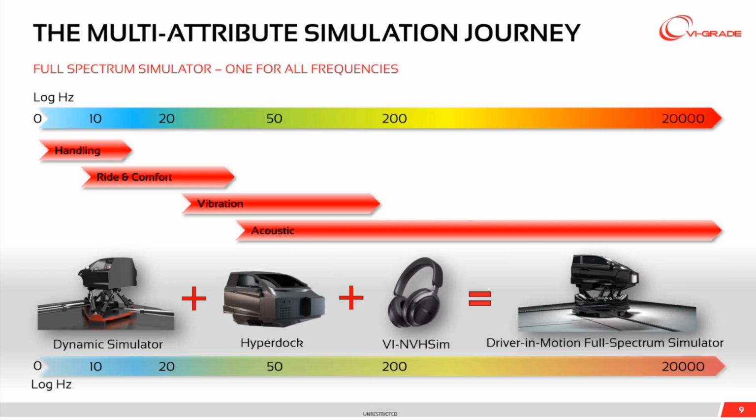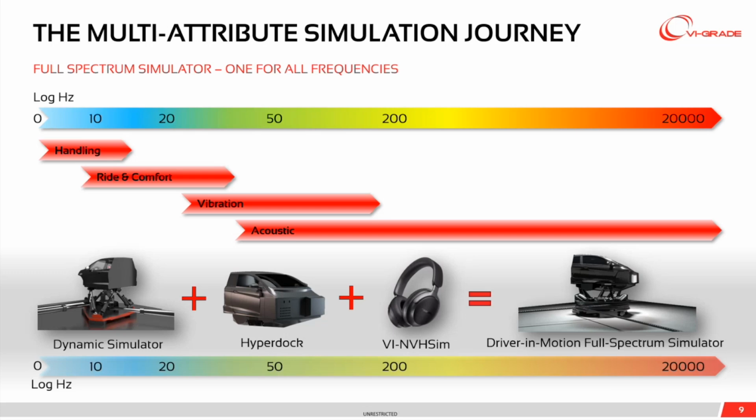To do that, we kept our dynamic simulator at the base of everything. We replaced, but not completely, the compact NVH with our HyperDock system, which is a cockpit equipped with different shakers placed at the right touch points.